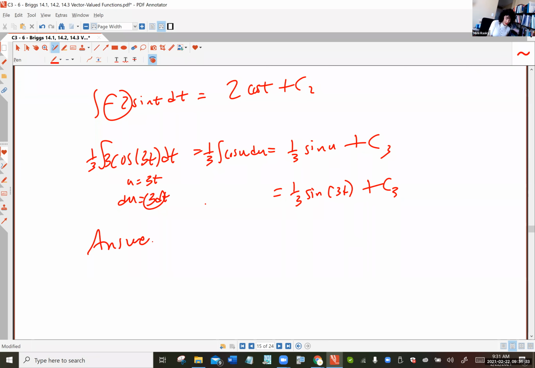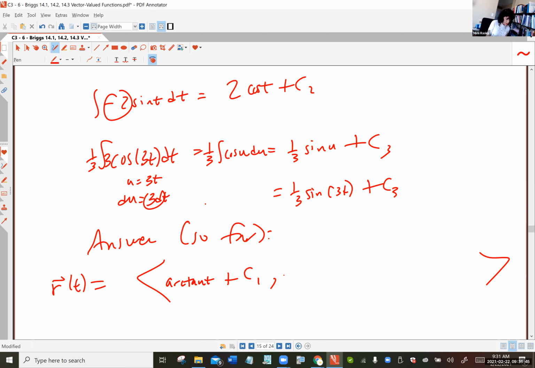This isn't the final answer, but I would give you some partial credit if I saw this on your paper. Arctan t plus C1 is the first component, 2 cos t plus C2 is the second component, and 1/3 sine 3t plus C3 is the third component. So you get partial credit for that.